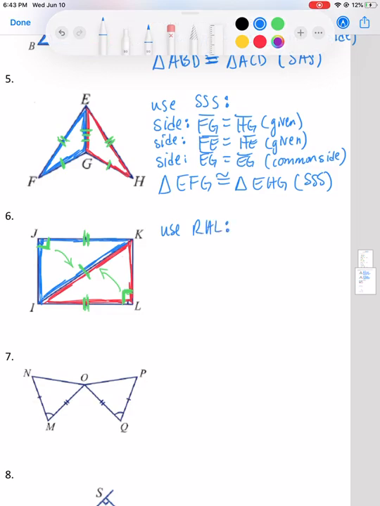So let's go ahead and write our correspondences in the order that they're given in our test. Okay, so with right hypotenuse leg, the right angle is angle IJK. So let me go ahead and name it something.